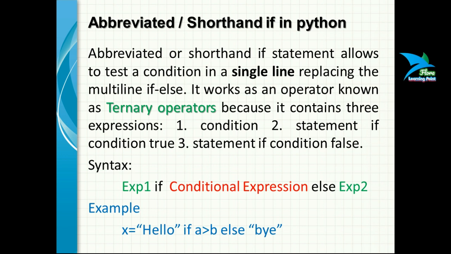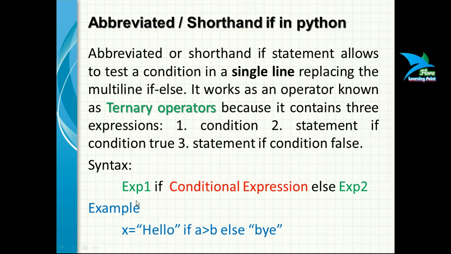And we also have a third category, known as the ternary operator. A ternary operator is an operator that makes use of three operands. So the abbreviated or shorthand if statement is also known as a ternary operator in Python because it makes use of three expressions, three operands as expressions.